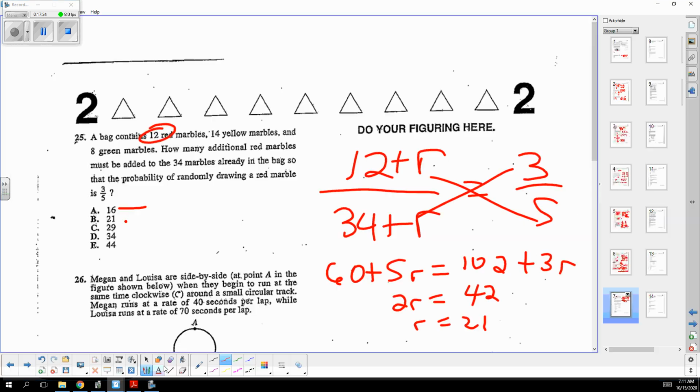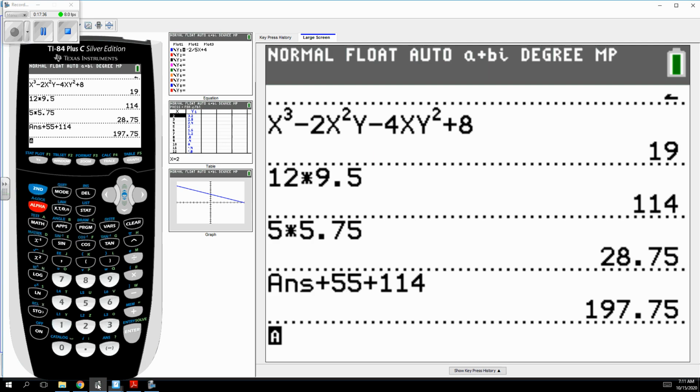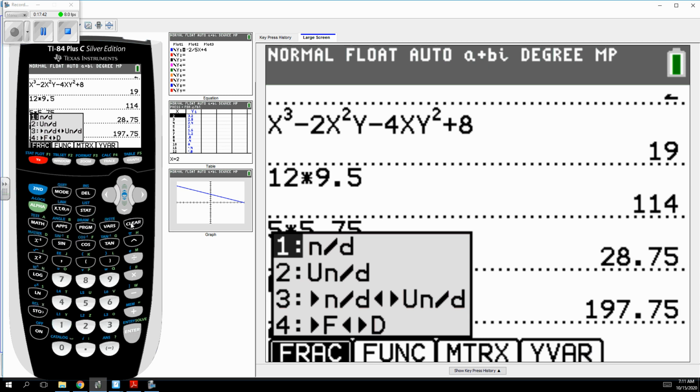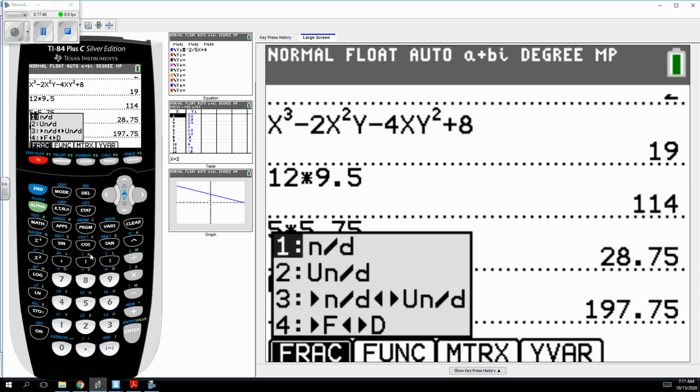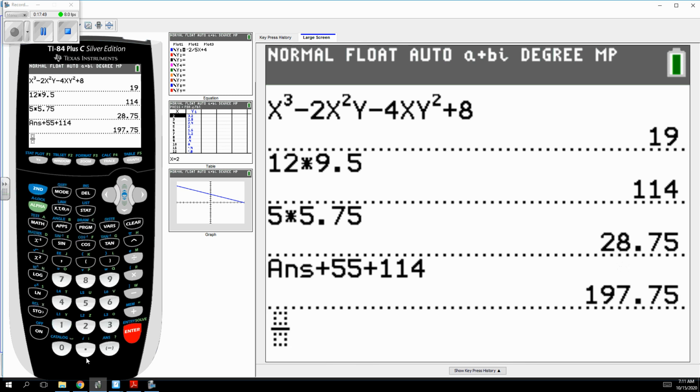We started out with 12 over 34. So you could go alpha y equals, and take the 12 and add, I'm trying 16 to see if the answer is correct.